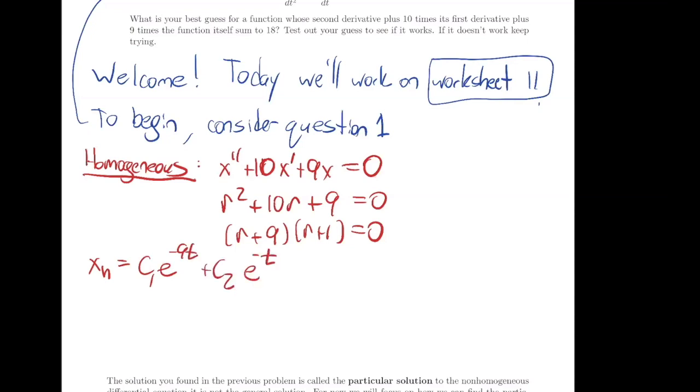So in this case we find the roots of the characteristic equation, and since they're two distinct real roots, we would plug them into our general form for a homogeneous solution.